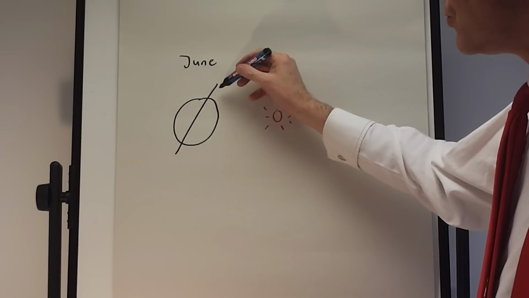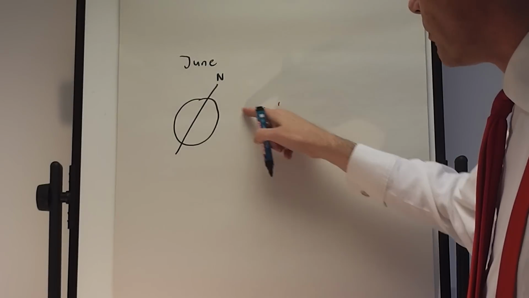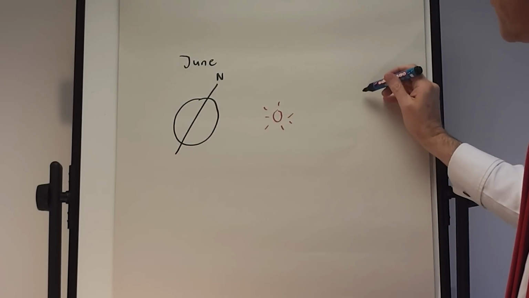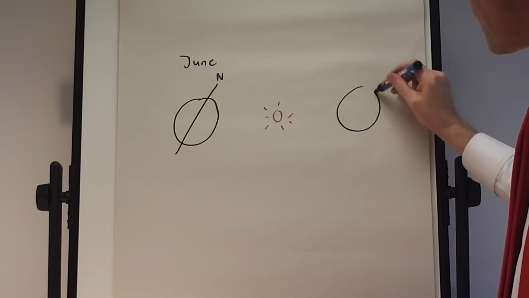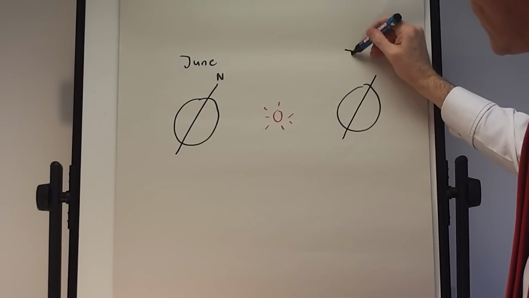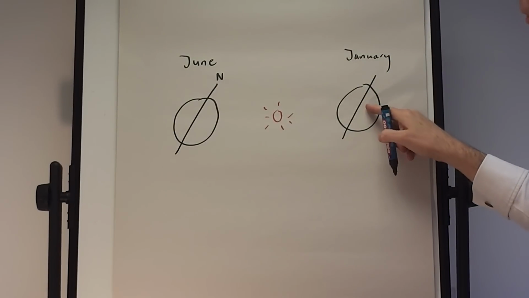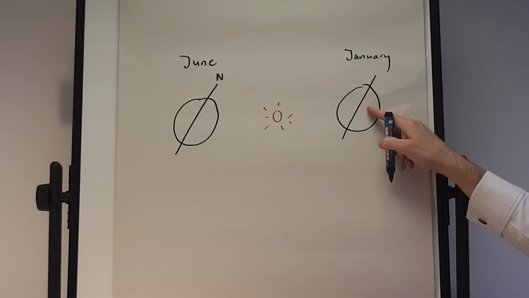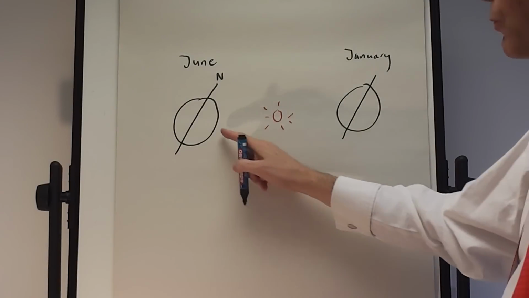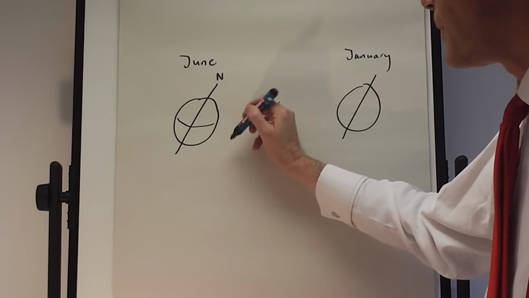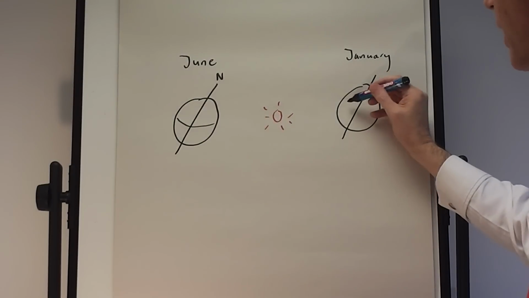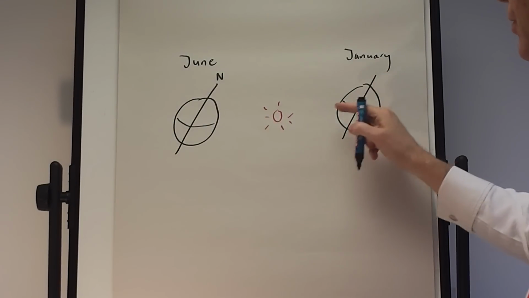This is the Earth in June, with the northern hemisphere pointing a bit towards the sun. Here is the Earth in January. And you can see that the northern hemisphere is pointing a little bit away from the sun. So that's why the northern hemisphere is warmer in June and colder in January.